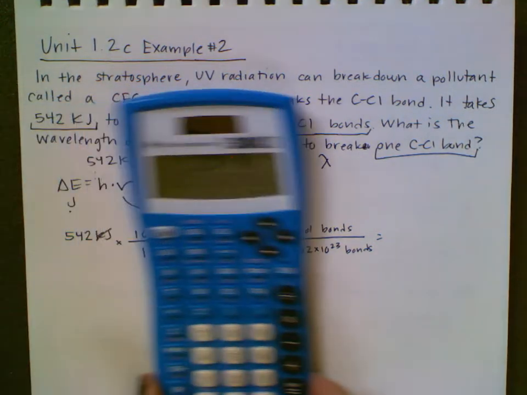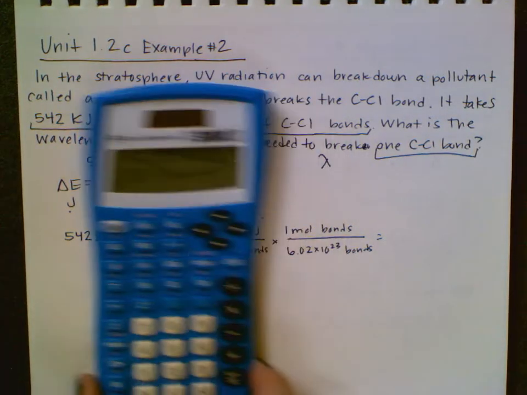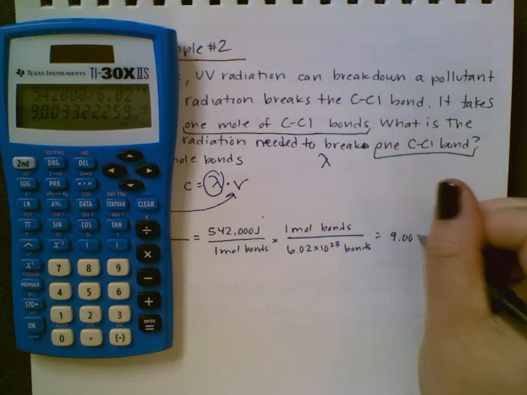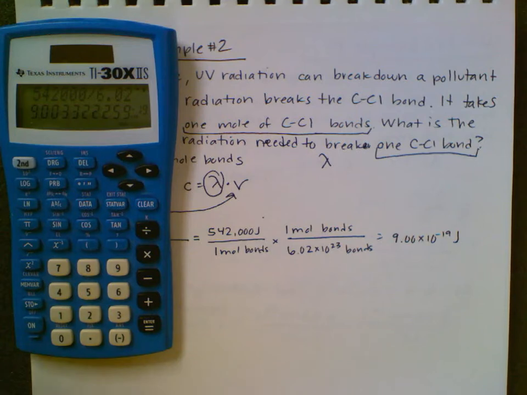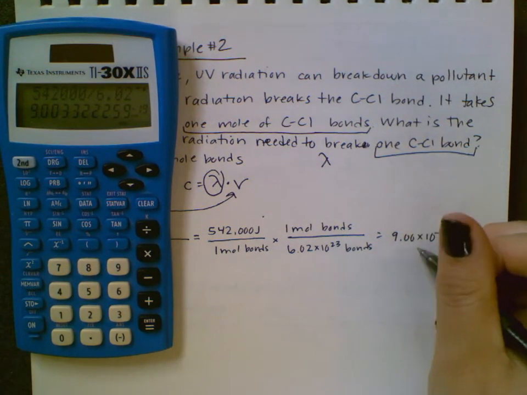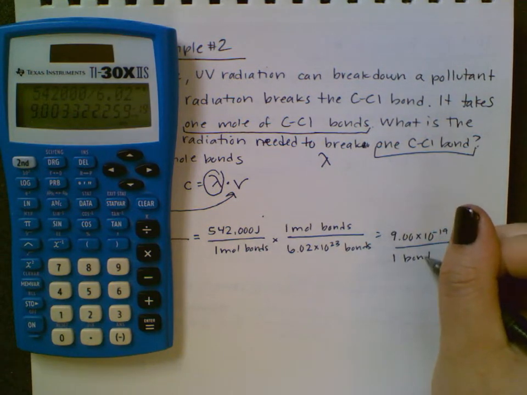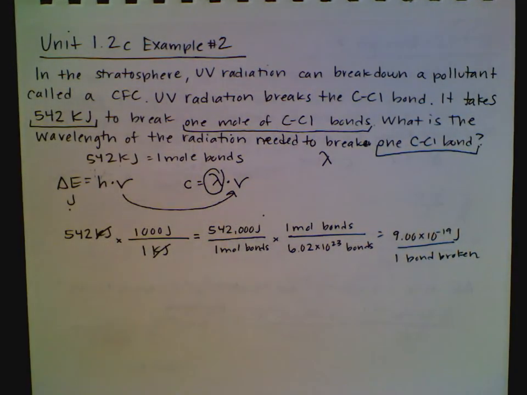And that leaves me with 9 times 10 to the negative 19th. So it takes 9 times 10 to the negative 19th joules to break one bond. Okay, so that's just to get us to the point where we can even start the stinker of a problem.